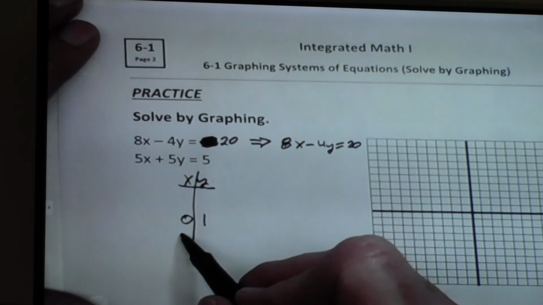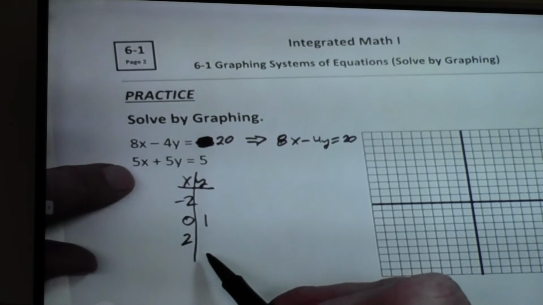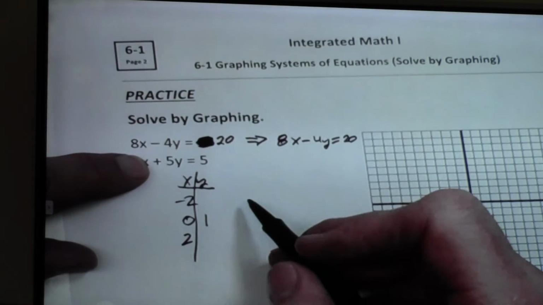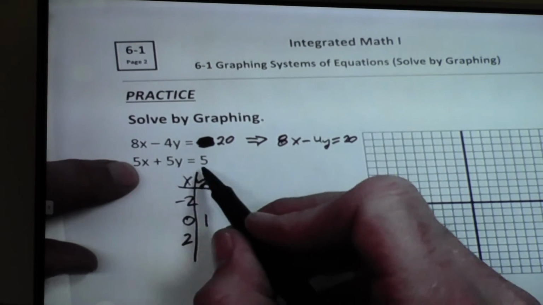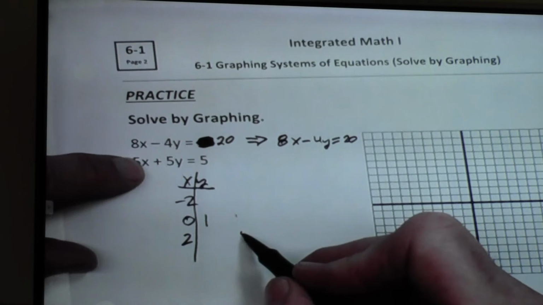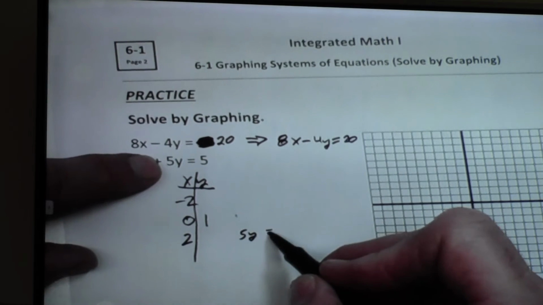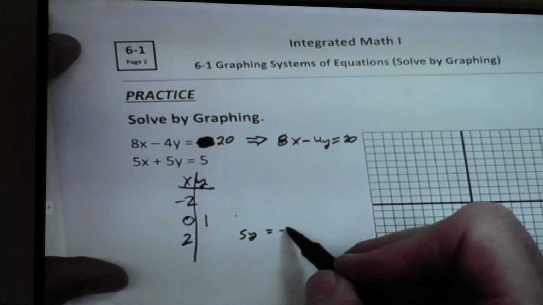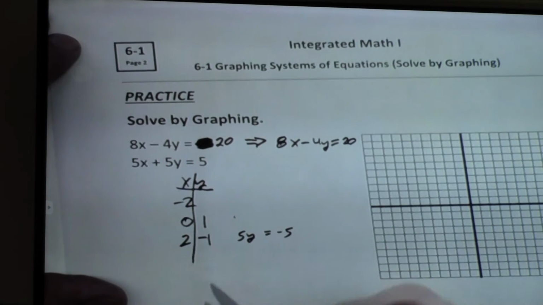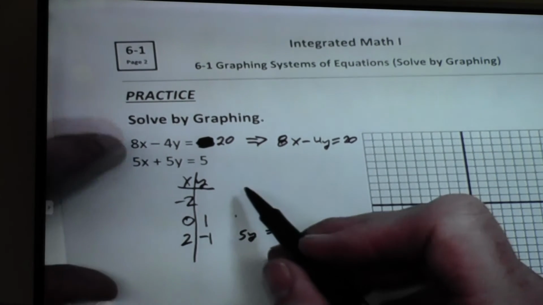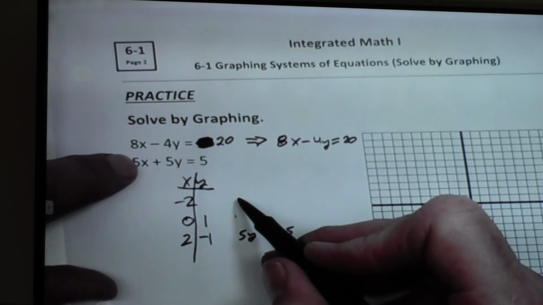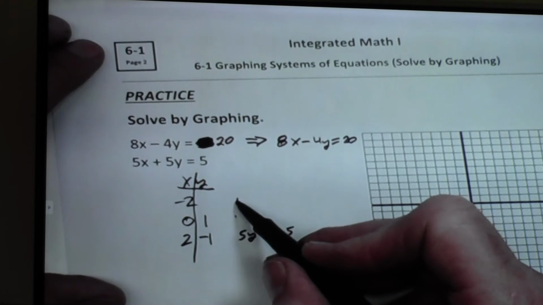Now, if I put 2, well, I guess I'm going to go my 2 and my -2 again. If I put 2 in here, I'm going to get a 10. And then I'm going to subtract it, I'm going to have 5y equals 5 take away 10, or negative 5, which means it'll be a negative 1 here. If I put negative 2 in here, I'll have negative 10, and I add it, I'm going to get 15.